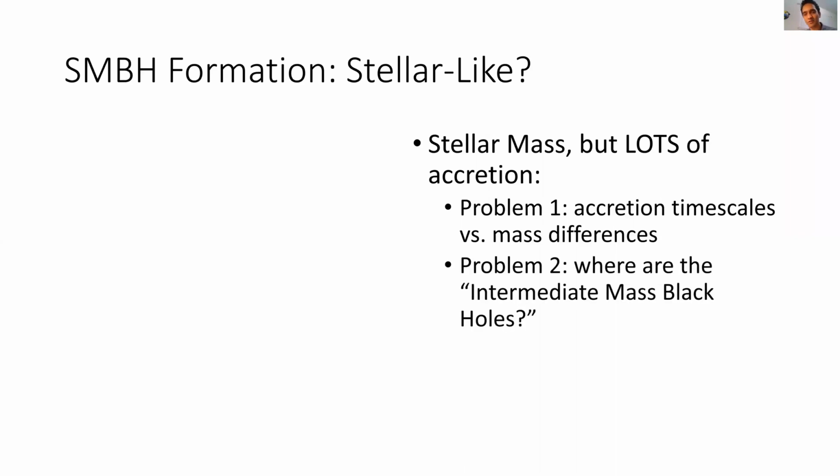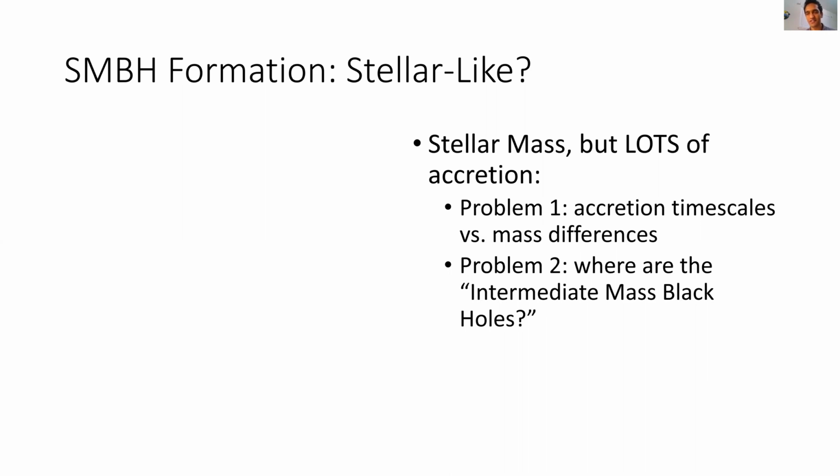Another problem that's, I guess, a little more subtle is just where are the intermediate mass black holes? If we expect the stellar mass black holes to become supermassive as a result of all of this accretion, we should be able to look back in time, at higher redshift objects, farther away from us, and see stars, or black holes, in that process.